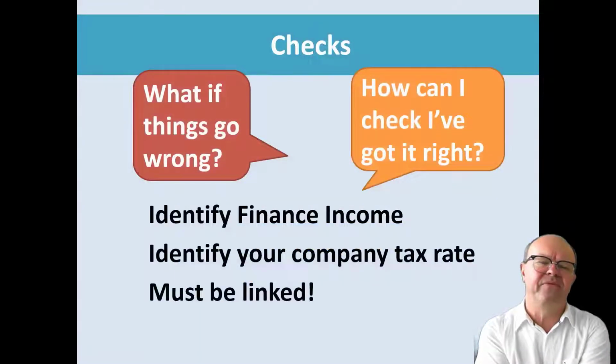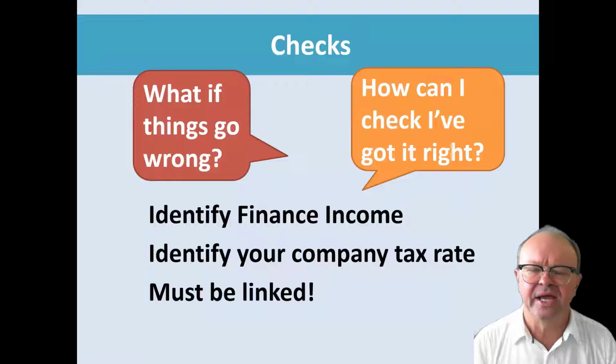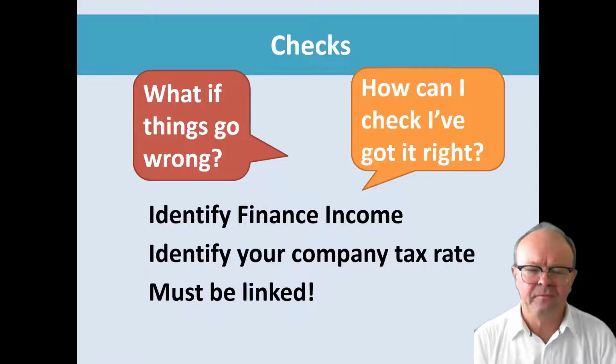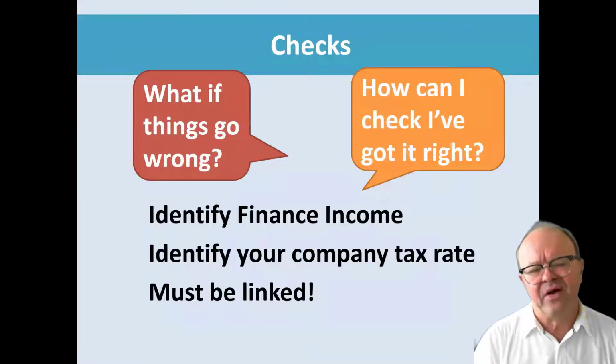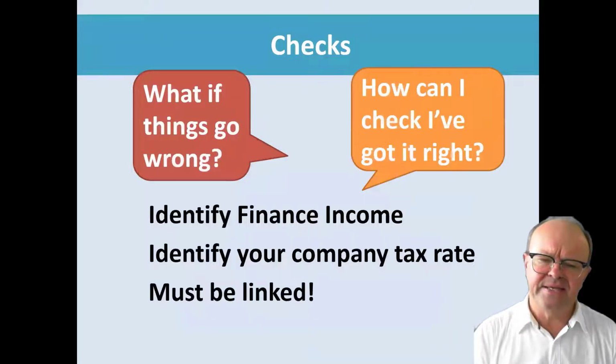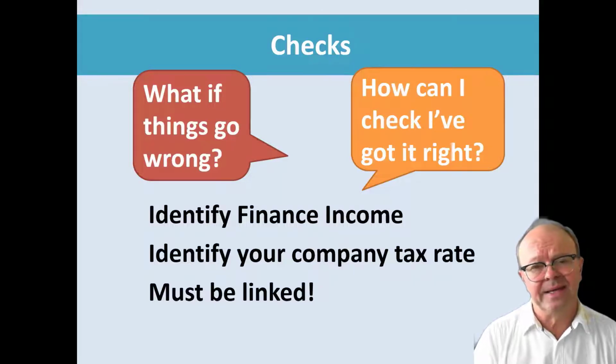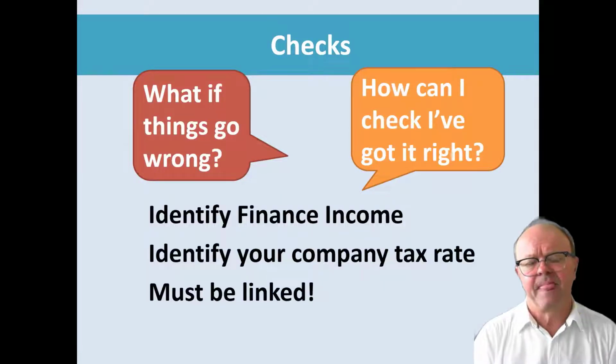So what if things go wrong when you're restating your income statement? And even if it seems all right, how can I check if I've got it right? Well, one issue is identifying finance income. For many firms nowadays, it's disclosed separately in your income statement.